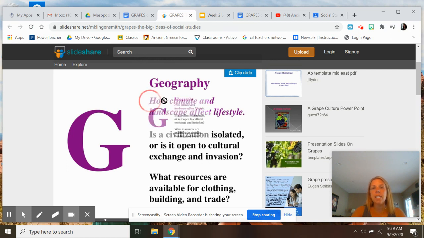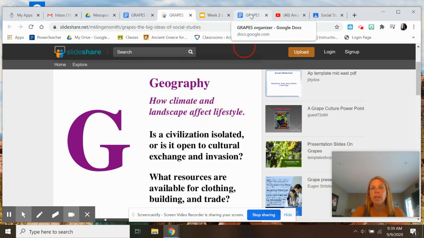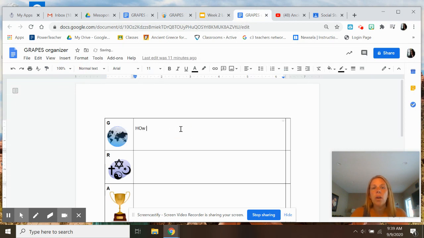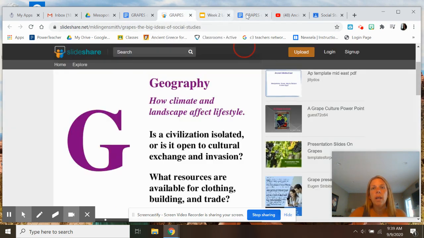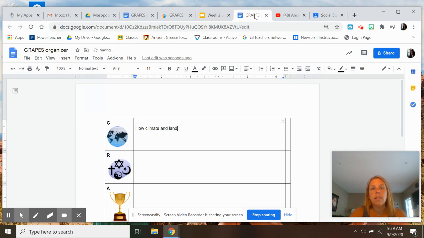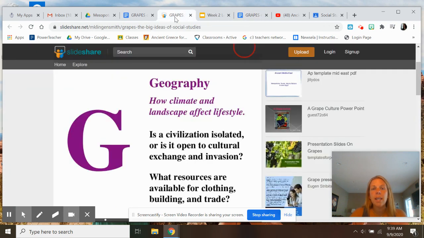So I'm going to take this information, how climate and landscape affect lifestyle, and I'm going to put it right in my notes. So climate and landscape affect lifestyle. And these are just some questions that you can ask. Is a civilization isolated? Is it open to cultural exchange and invasion? What resources are available?